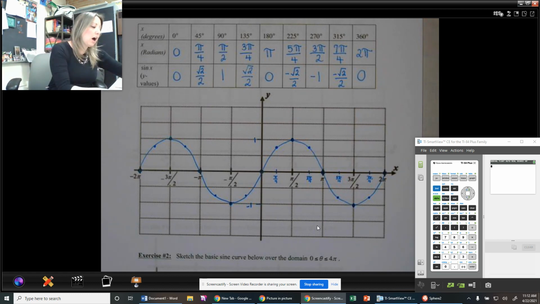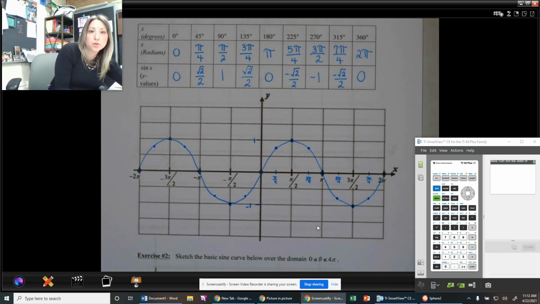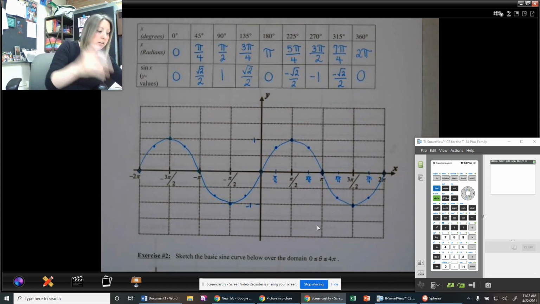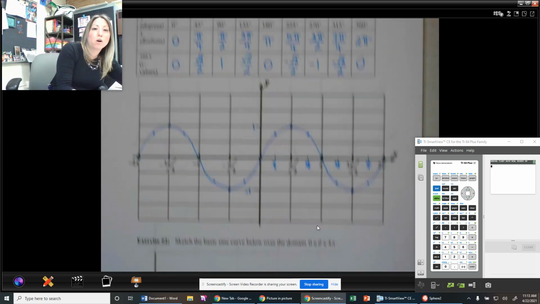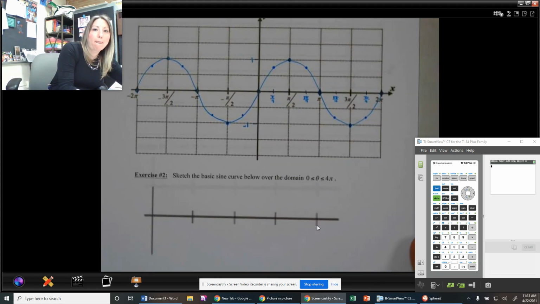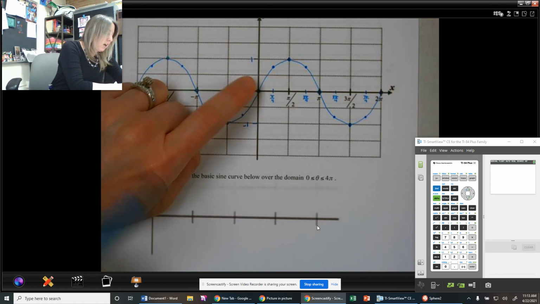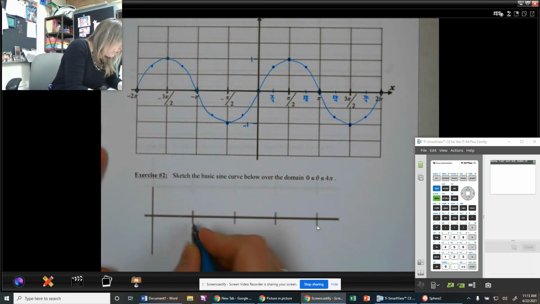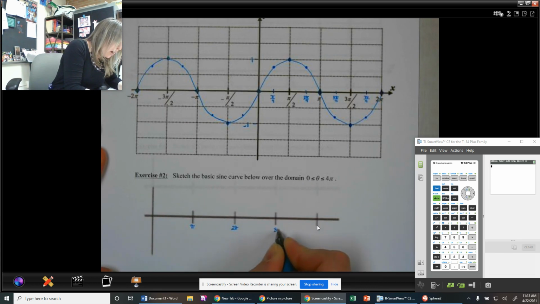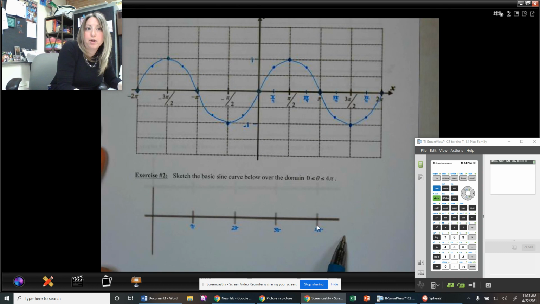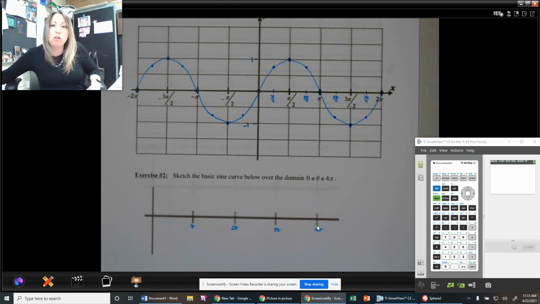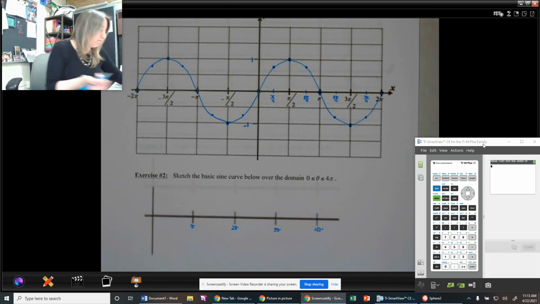So if I want to sketch the sine curve in the positive realm from 0 to 4 pi, this is my 0 to 2 pi. It's just another one of these heading to 4 pi. So if I just go pi, 2 pi, 3 pi, and 4 pi radians, again, this is radian measure, how many radiuses of my circle I've got in these places.